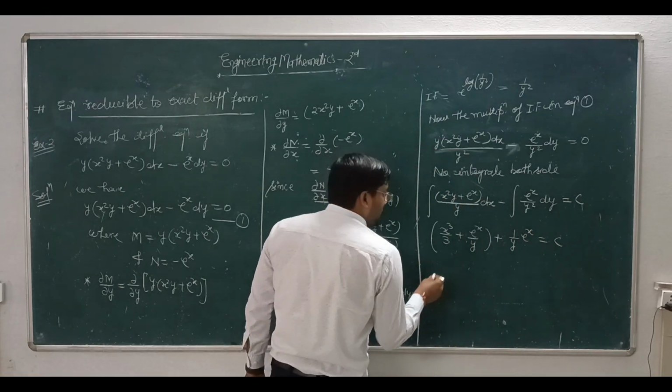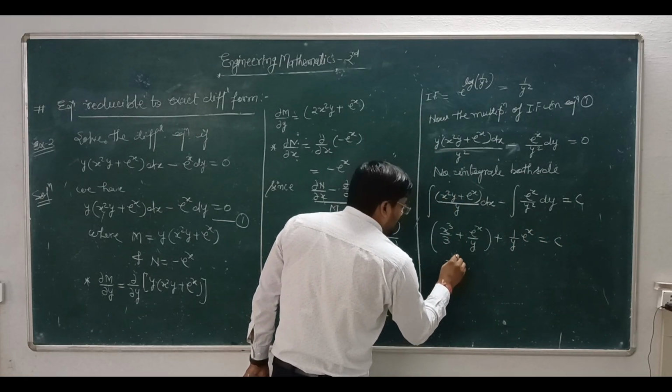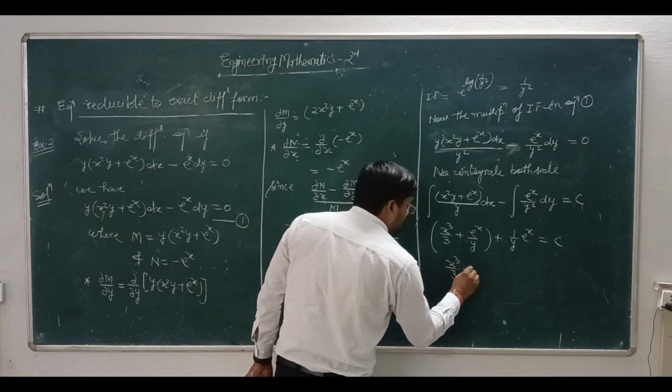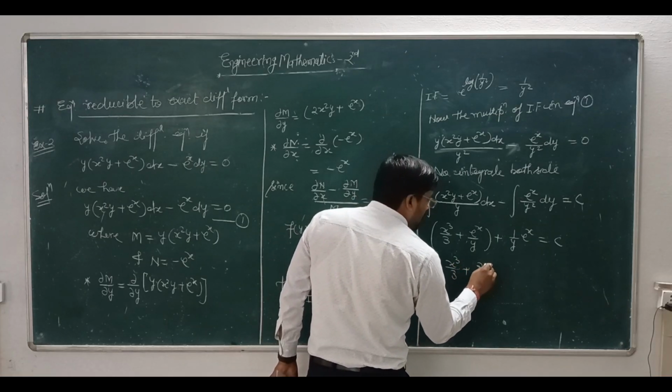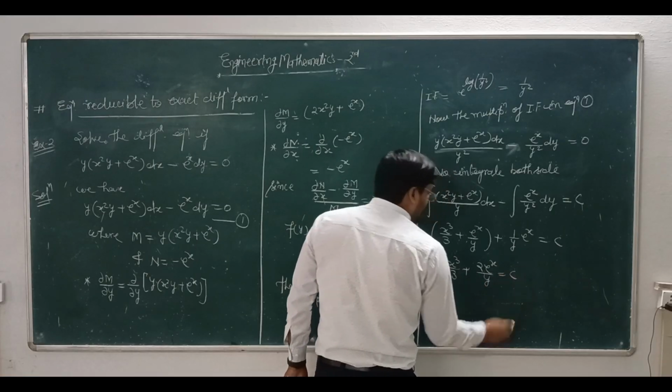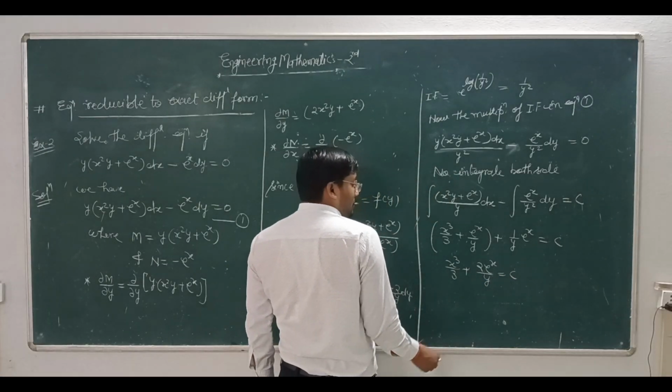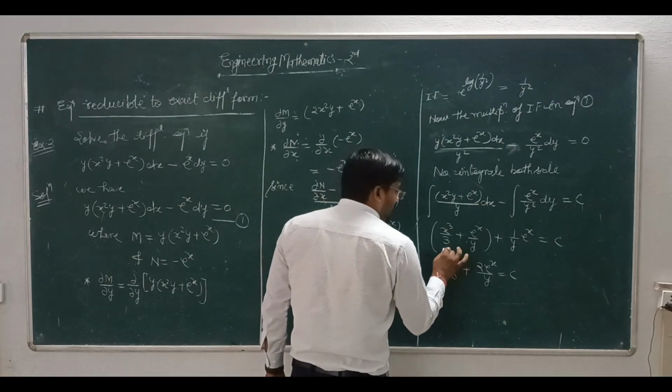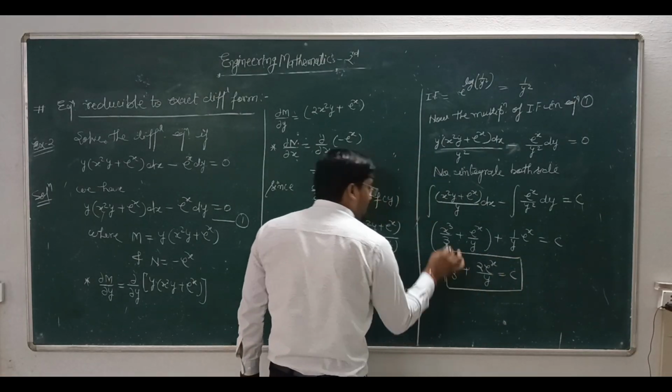Now you can write x to the power 3 upon 3 plus 2 e to the power x upon y is equal to c. This is the solution of this differential equation.